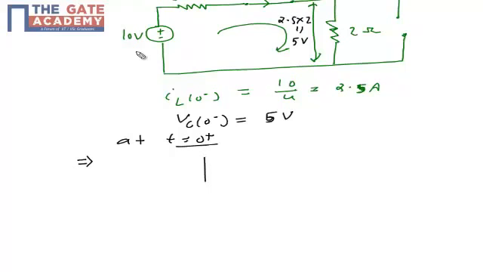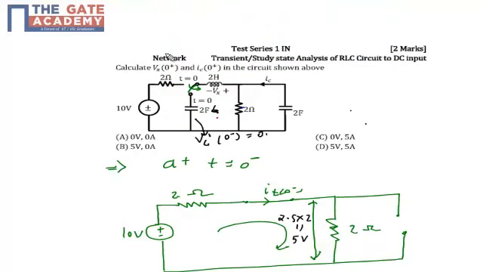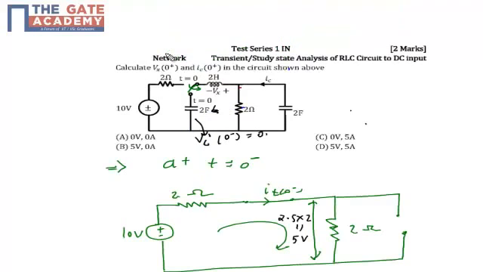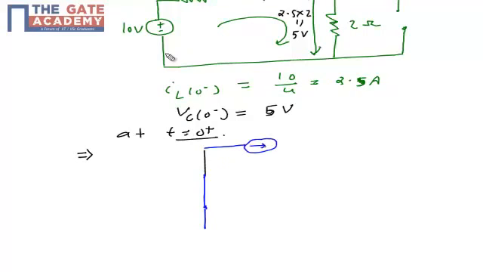So at t = 0 plus, if I again redraw the steady state diagram, then this 2 farad capacitor, which I have named VC dash, will be replaced with a short circuit because it is initially 0. My inductor will be replaced by a current source of 2.5 ampere, because IL will be same as the previous.